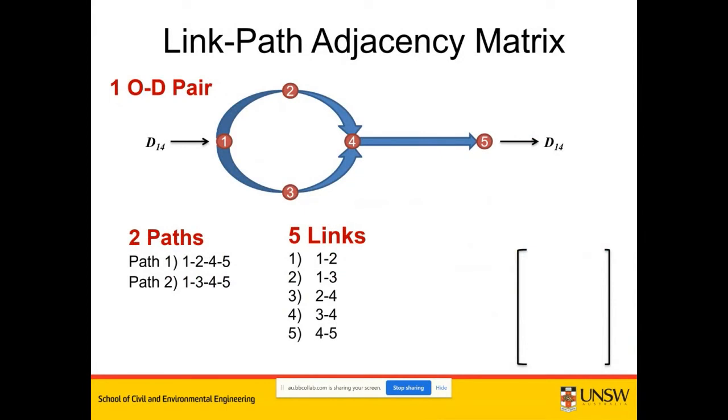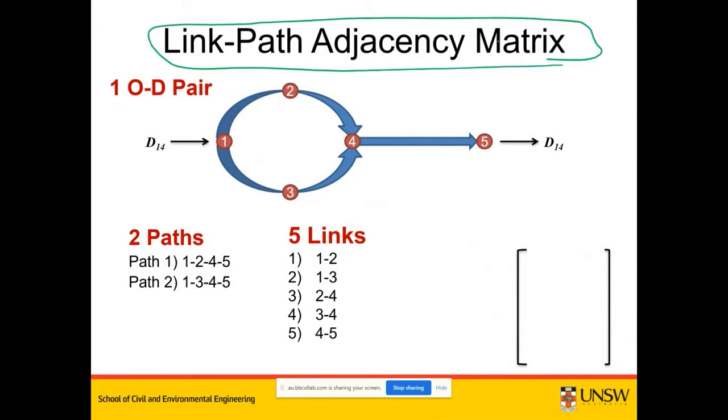There is also another thing called the link path adjacency matrix. This is very important, guys. So look, in this example, I want to go from 1 to 5. How many paths exist? How many links do I have in this network? I have link 1 to 2, link 2 to 4, link 1 to 3, link 3 to 4, and link 4 to 5.